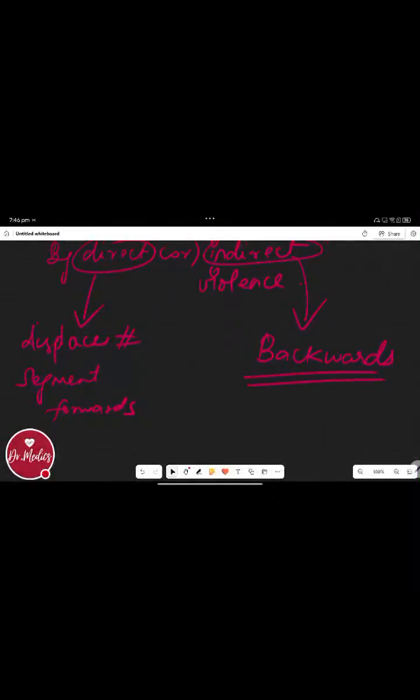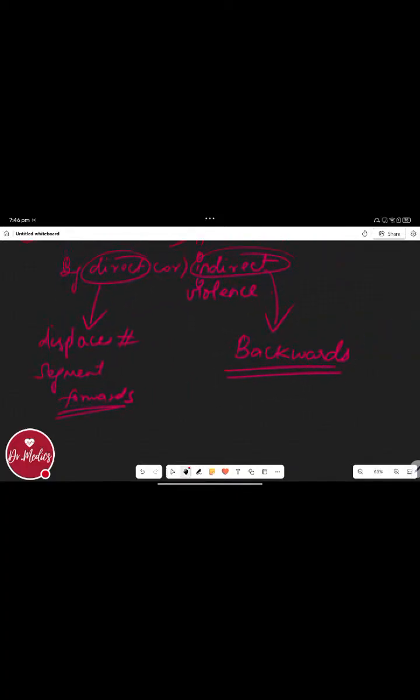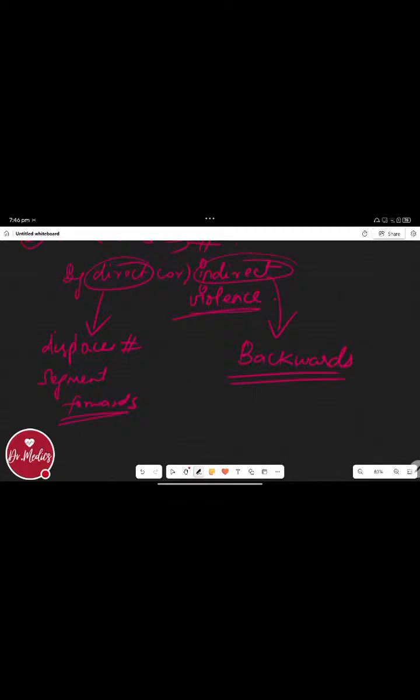Why is this information useful? It helps to find out medico-legal issues, or in cases of abuse or crime. If the violence is direct, the fracture segment displaces forward. If it is indirect, then it is backwards.